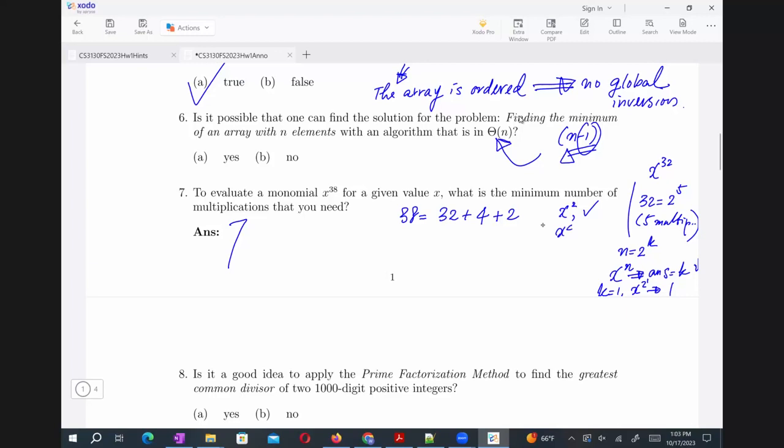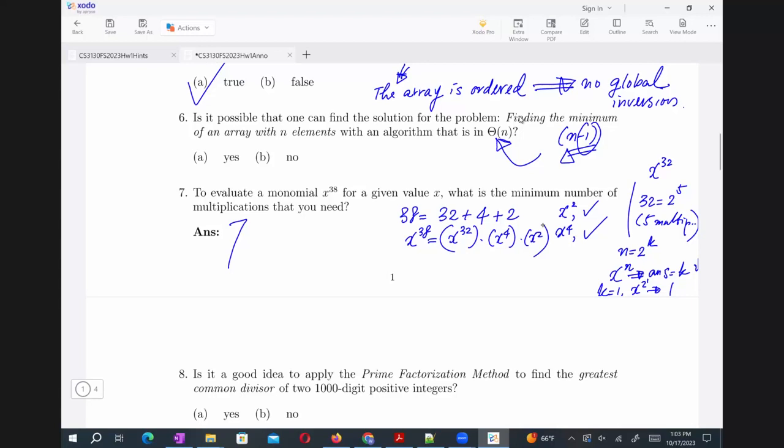X to the 4th, you have it already. Keep it. Do not recompute it. So then x to the 38th is x to the 32nd, times x to the 4th, times x squared.